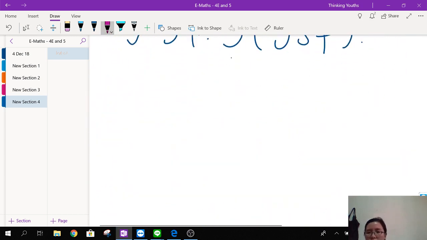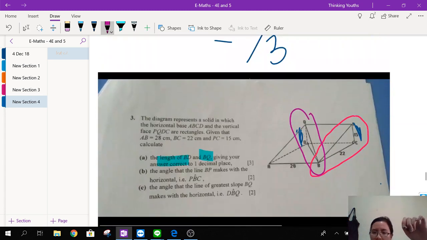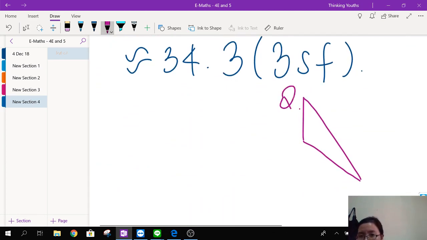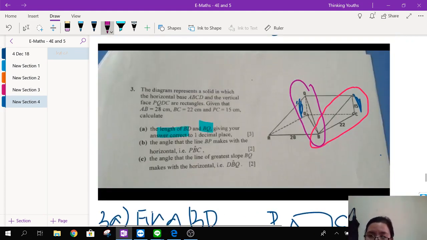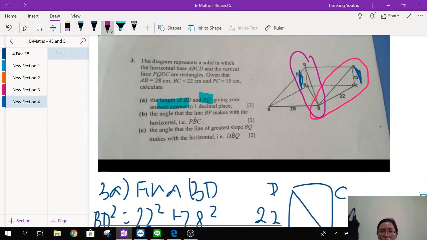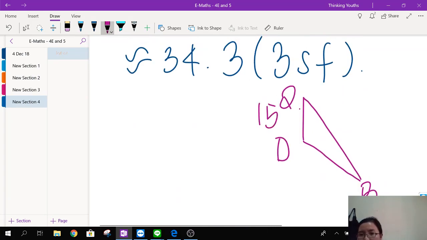The triangle will be like that, Q, D, B. The height is 15.